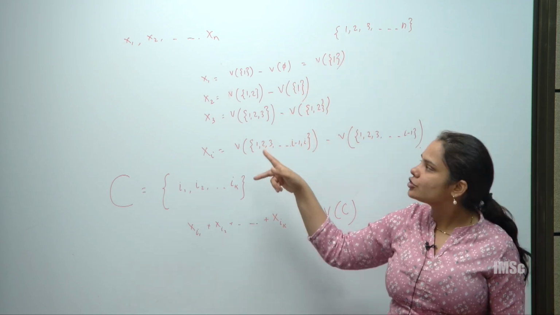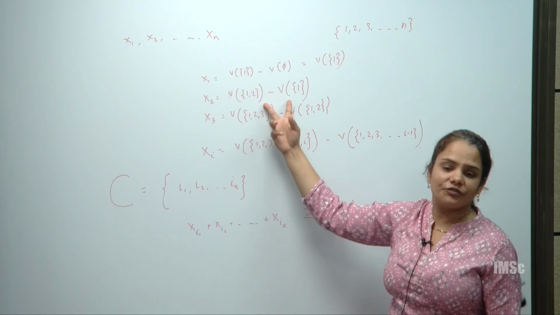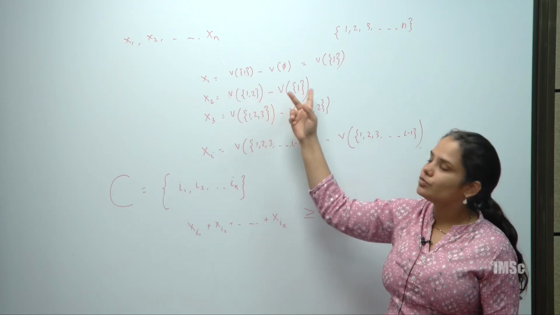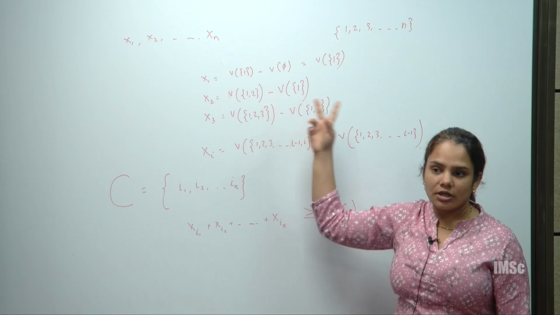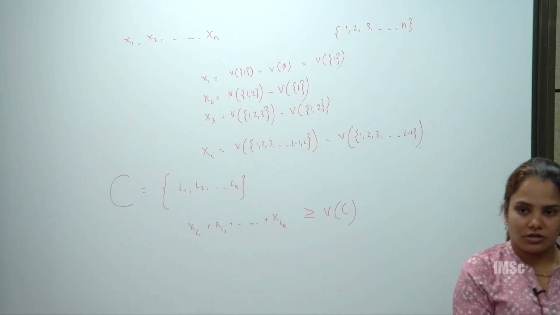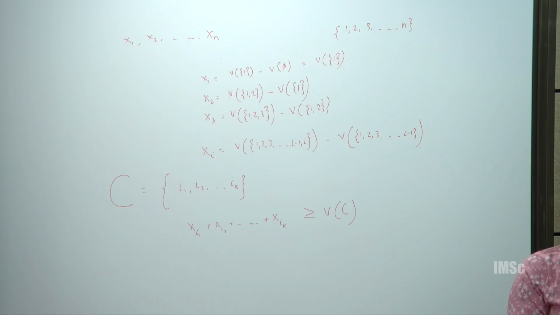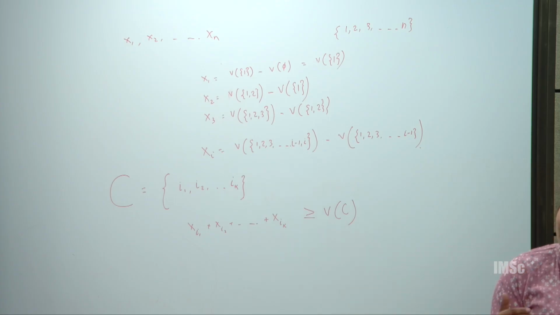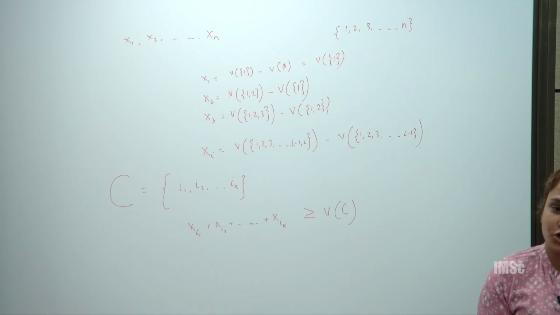Then x2 will be v2, which can be completely different from this, and x1 will be v12 minus v2. So the allocation will change whenever I change the permutation. And the question I am asking, in the convex game itself, is which allocation should I choose?